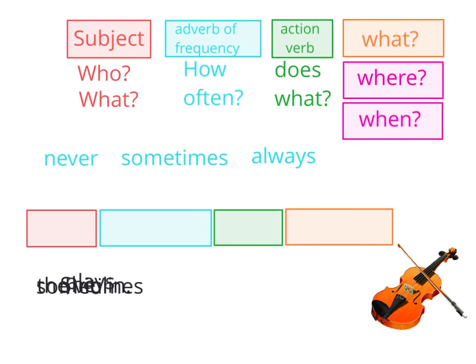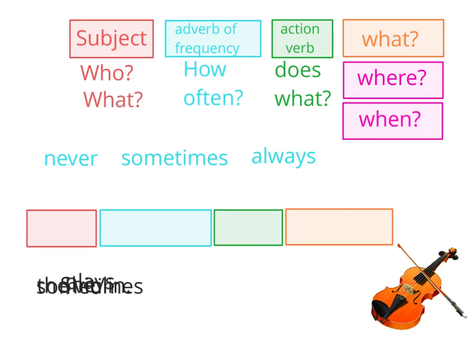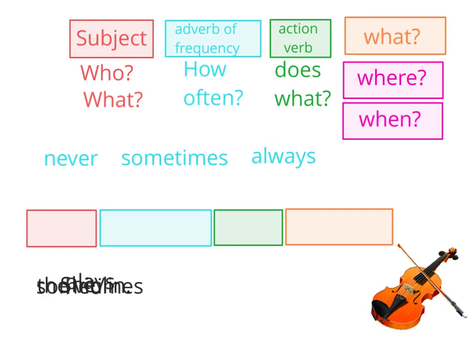On this slide, we are looking again at the second type of sentence that we looked at in this lesson. We have our subject at the beginning, which tells us who our sentence is about or what our sentence is about. That would be our person, place, or thing. We have our action verb, and then after that, we might have an object that tells us what.